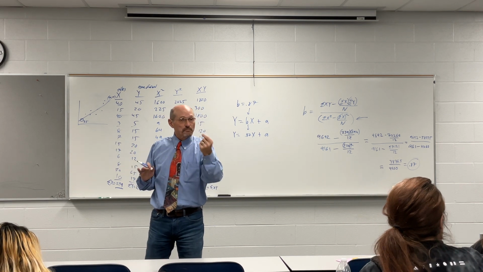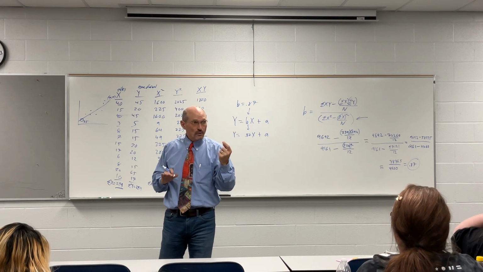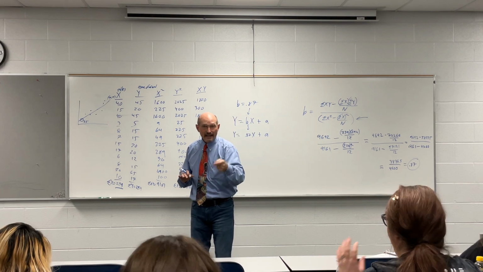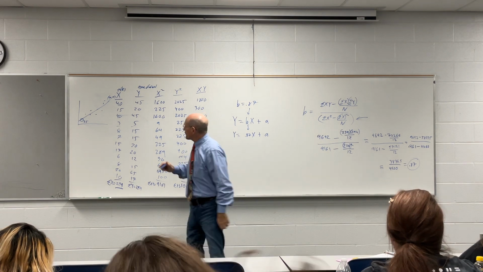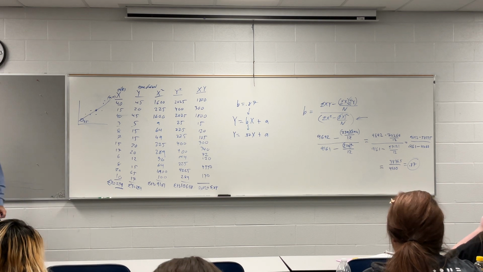The single score that is most representative of each of those is the mean. So you want the sum of x divided by 12 and the sum of y divided by 12. That gives you a paired set of scores. That score, by definition, is going to be the score that falls exactly in the center of that line.